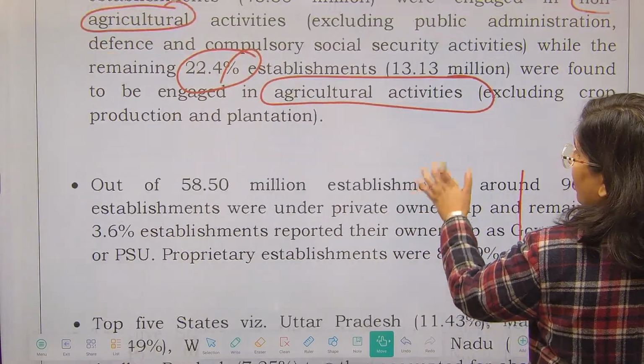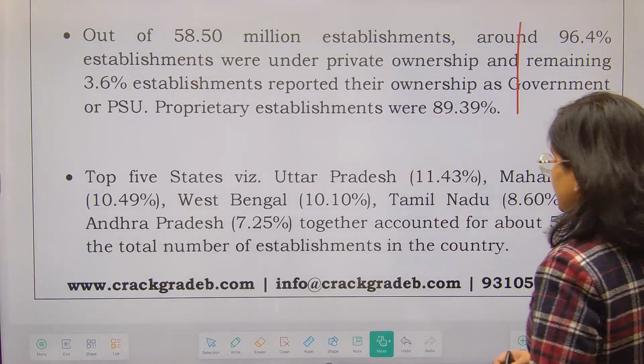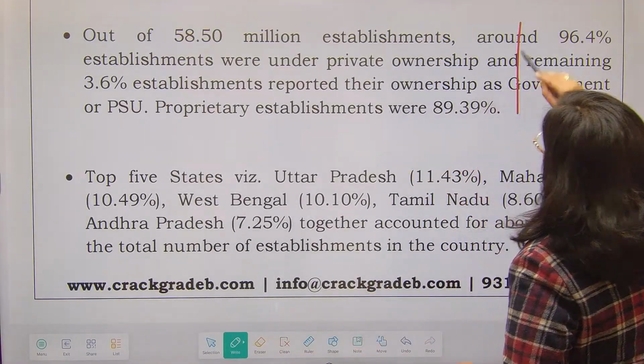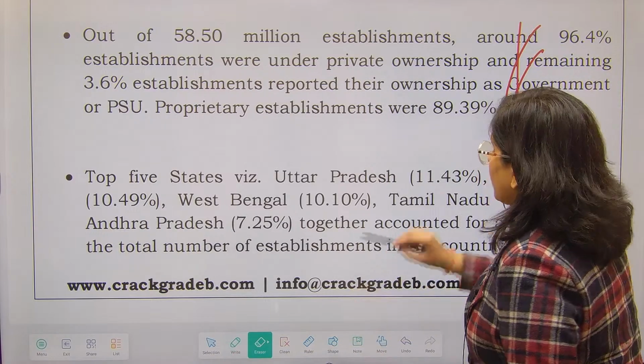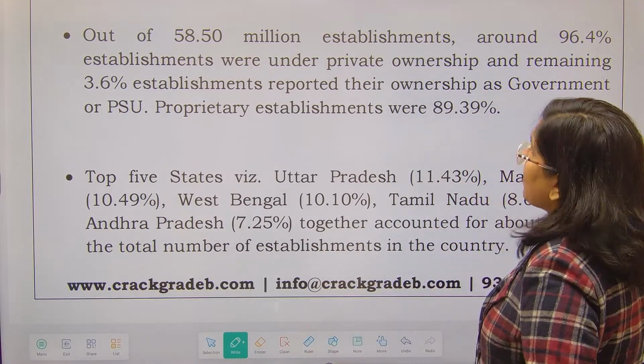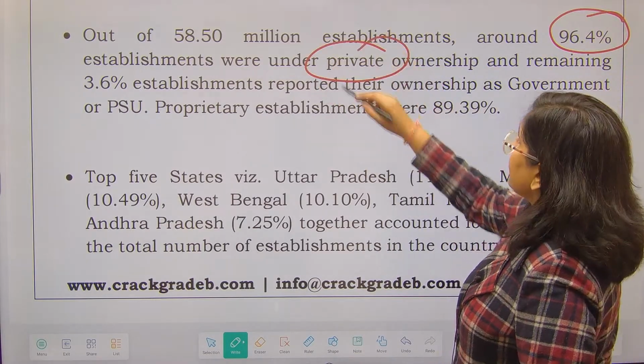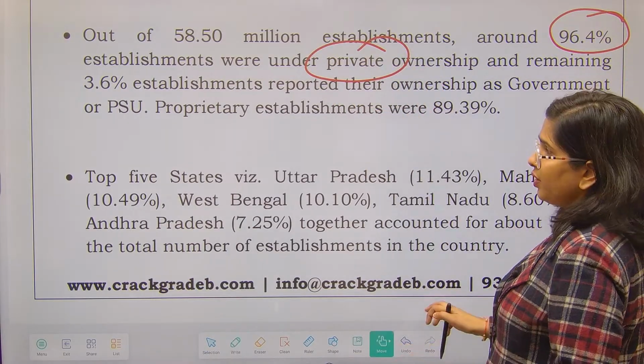Now next, out of the total 58.5 million establishments, we will be talking about the ownership related data. So 96% of the establishments are under private ownership, and the remaining are government owned.